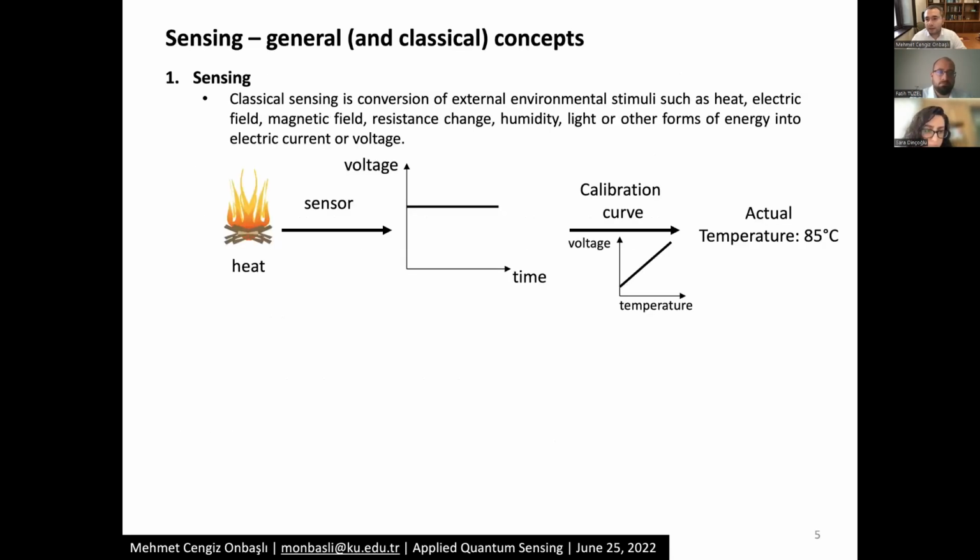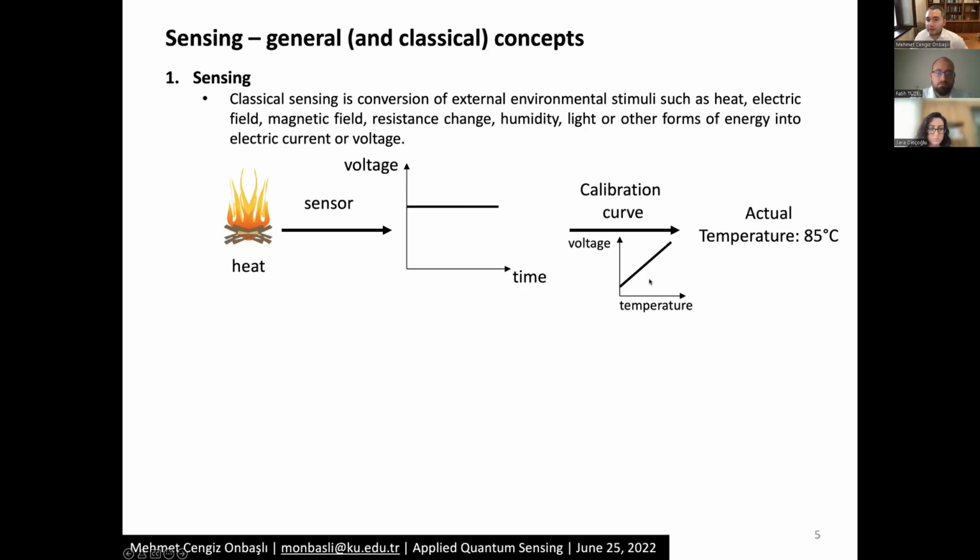As you may think about sensors in our daily use, we can retrieve or see some external physical stimuli, for instance, heat or magnetic field or electric field or light. And our sensor somehow converts this change into a voltage or a current as a function of time. Then, using our sensor's calibration curve, which is its typical characteristic for how it converts temperature to voltage, we back calculate the temperature from the voltage that we read.